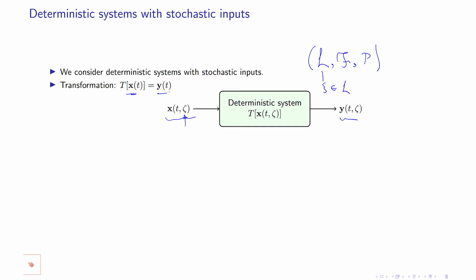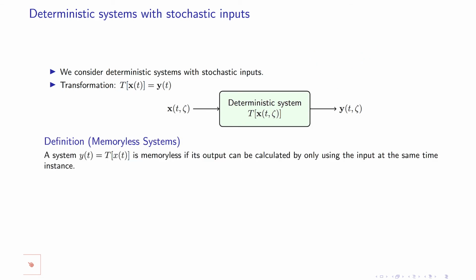So the relationship between input and output is a deterministic relationship. You have a time signal at the input, a time signal at the output, and the system can be described. And this is the analysis of just deterministic systems.